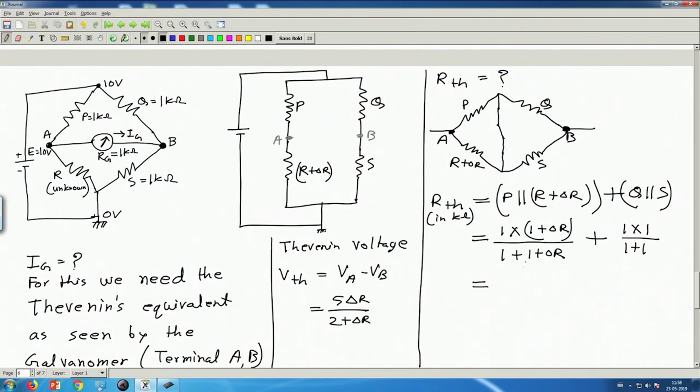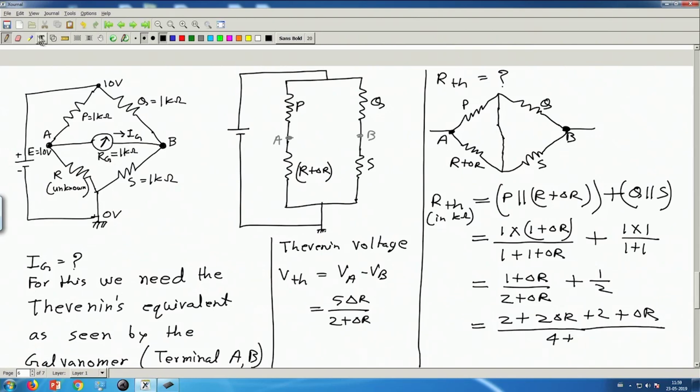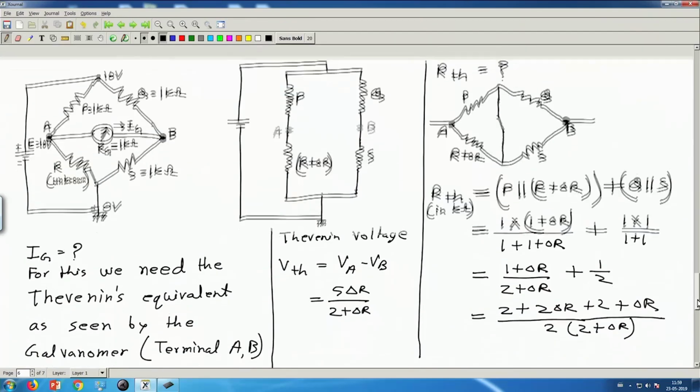Okay. So this comes out to be 1 plus delta R divided by 2 plus delta R plus this is half, and then this will become 2 plus 2 delta R. So check my calculations and please correct me if I make any mistake. 2 plus 2 delta R plus 2 plus delta R whole divided by 4 plus, or let me just write it like this, 2 plus delta R. So this is the Thevenin resistance.